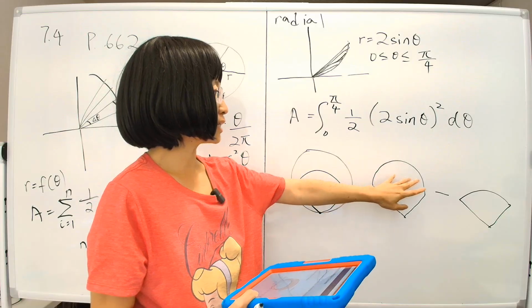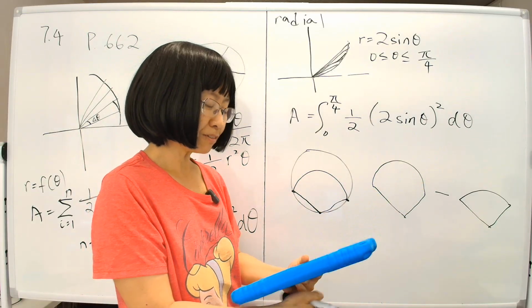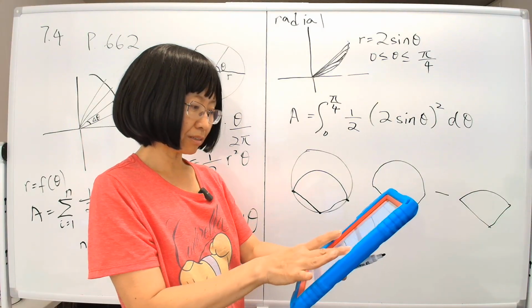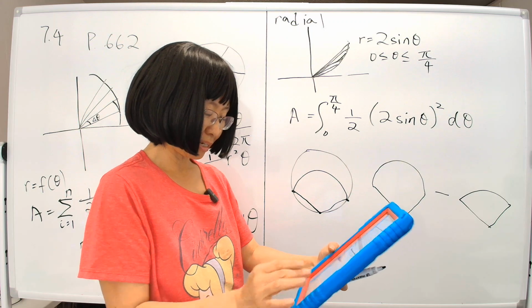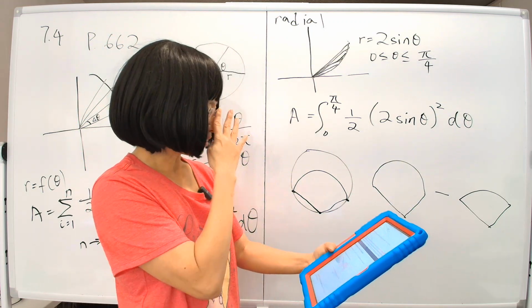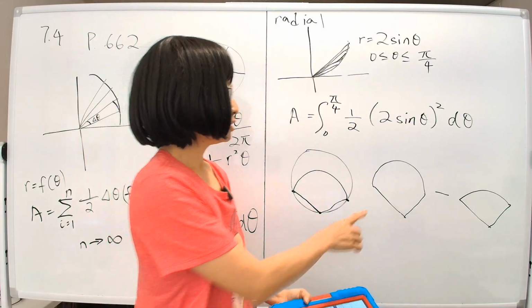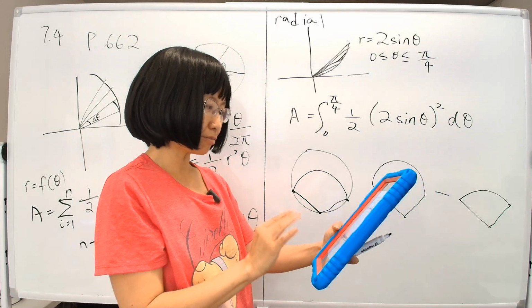So make sure you know what area you are calculating here. Once you figure that out, then you figure out the 2 curves. Figure out what these points are by solving some equation, probably solving for theta. And then calculate this one, subtract it, and you get the right answer.